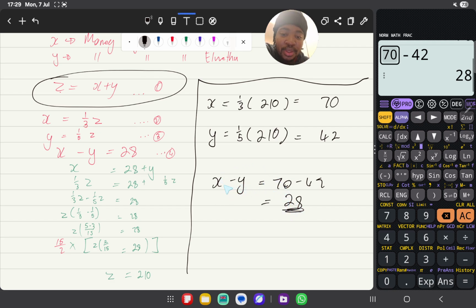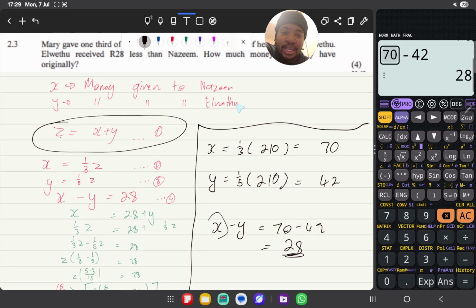Or we could say, who's X? Let me see. X is, okay, Nazim. We can say Nazim had 28 rands more than Lwetu, and Lwetu had 28 rand less than Nazim. So that is it.